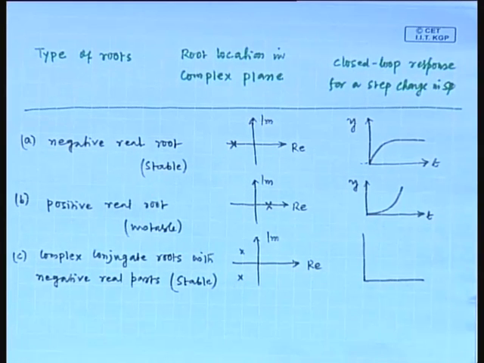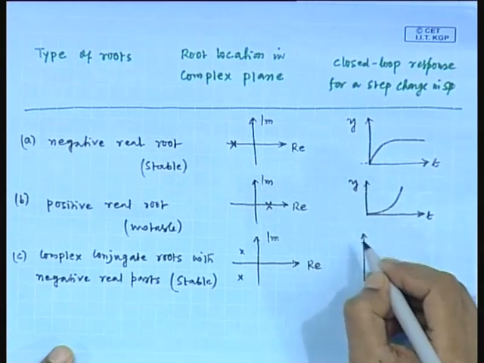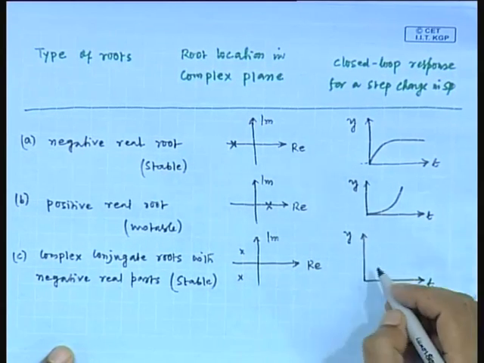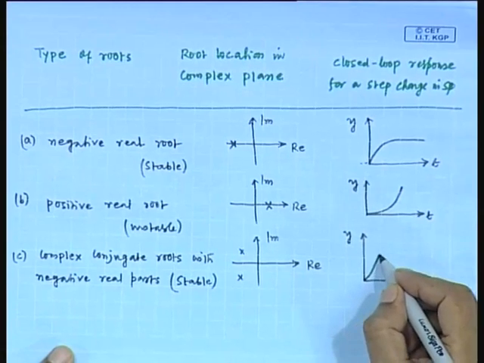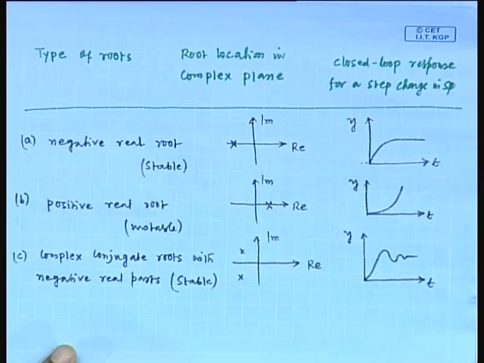So, the feedback control system is stable. What will be the transient response? T versus y. It will reach a new steady state with oscillation of decreasing amplitude.